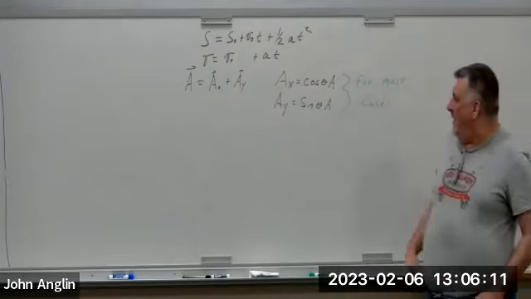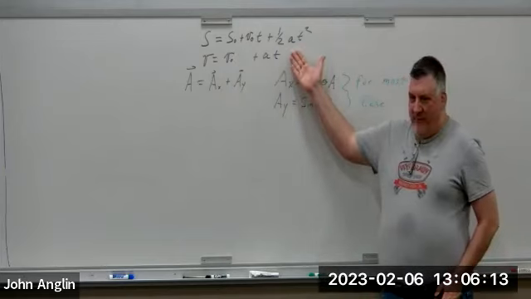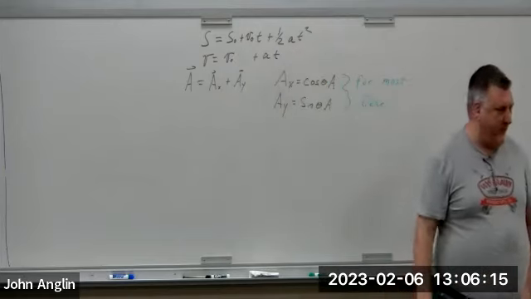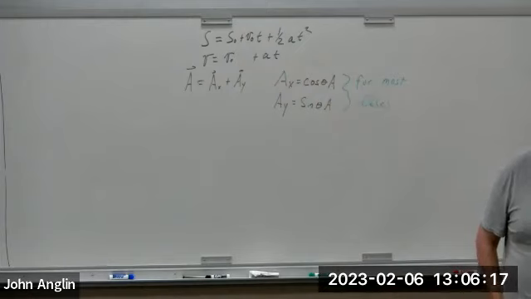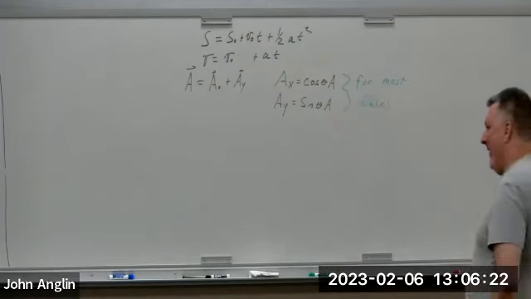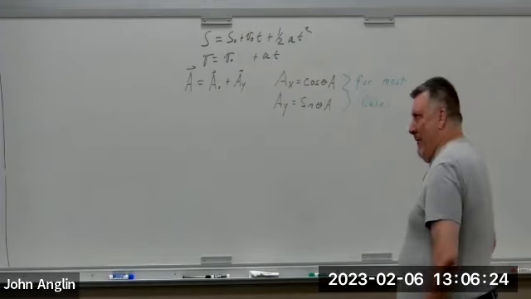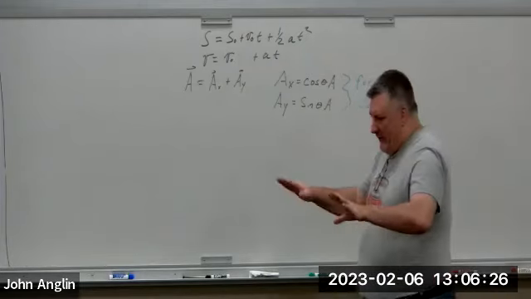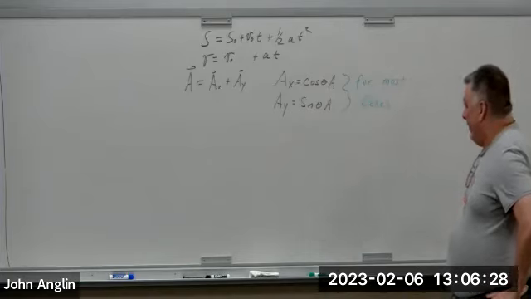So the equation for acceleration in this case is trivial. It's just acceleration is acceleration, because nothing we're doing in this class has to do with time-dependent acceleration. They're all going to be constant acceleration problems. So we don't really have to worry about that.